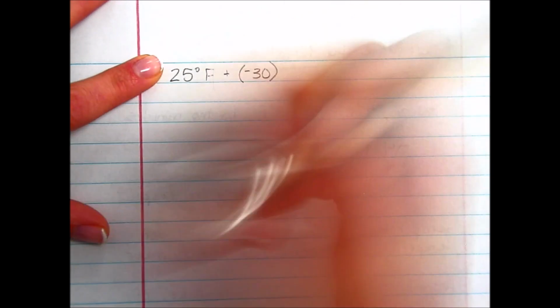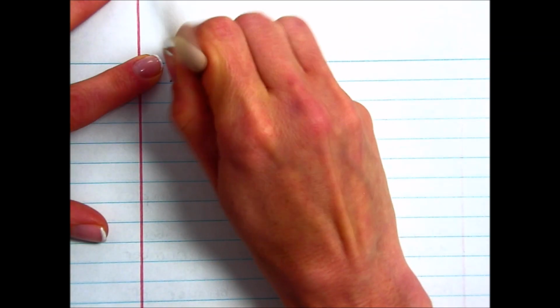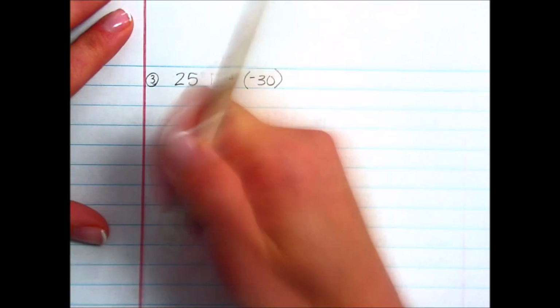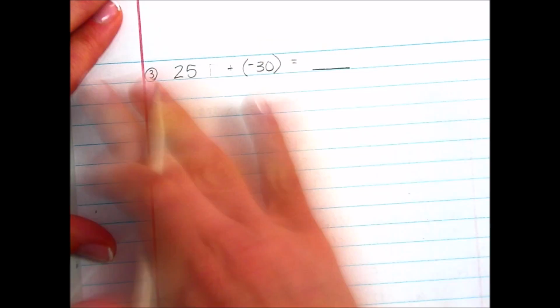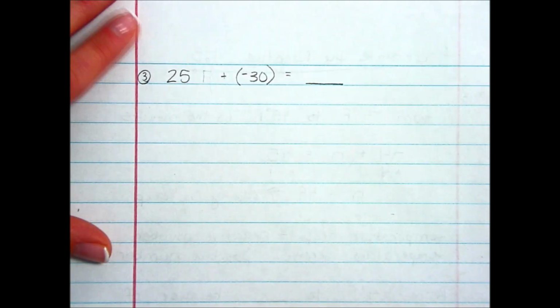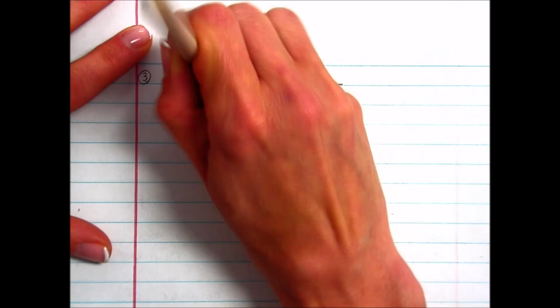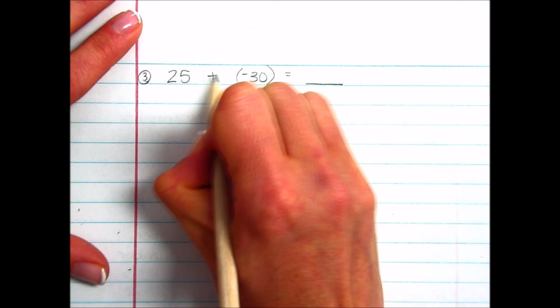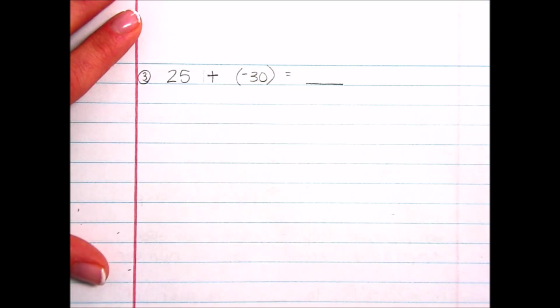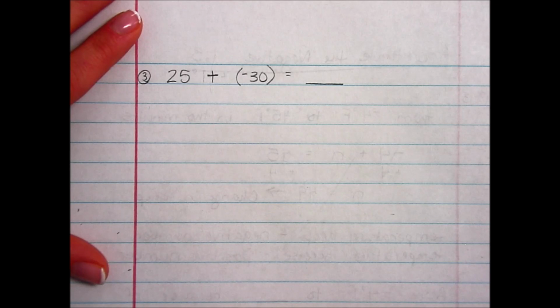I'm going to take out that Fahrenheit. So just 25 plus the -30. Okay, talk in your groups for about 15 seconds.